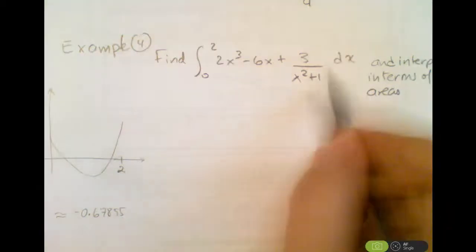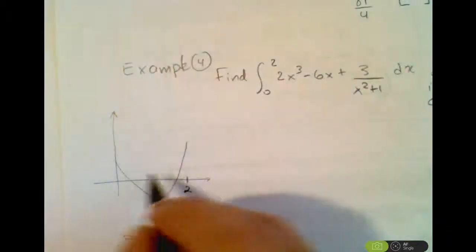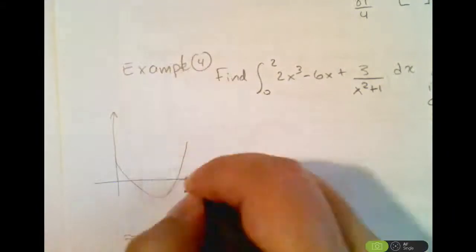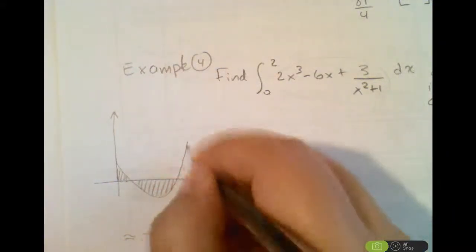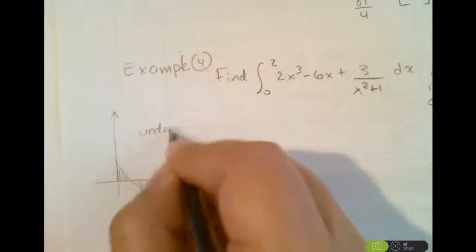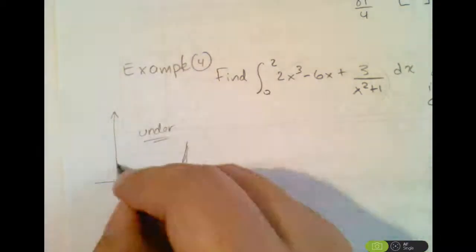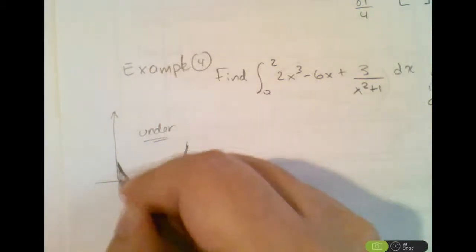Now this function is sketched right here, and between 0 and 2 the area under the curve will be this area. Now I know that it says under, and the word under will apply as long as the function is positive, because under the function is this.